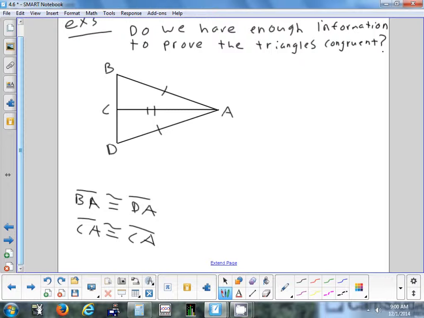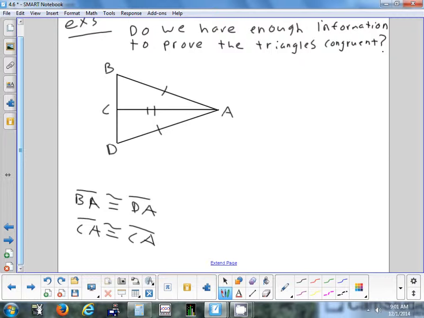Okay? It is possible, because if we have those two legs congruent, then the base angle D and angle B are congruent, because it's an isosceles triangle. Since DA and BA are congruent, then by definition of an isosceles triangle, angle D and angle B are congruent.